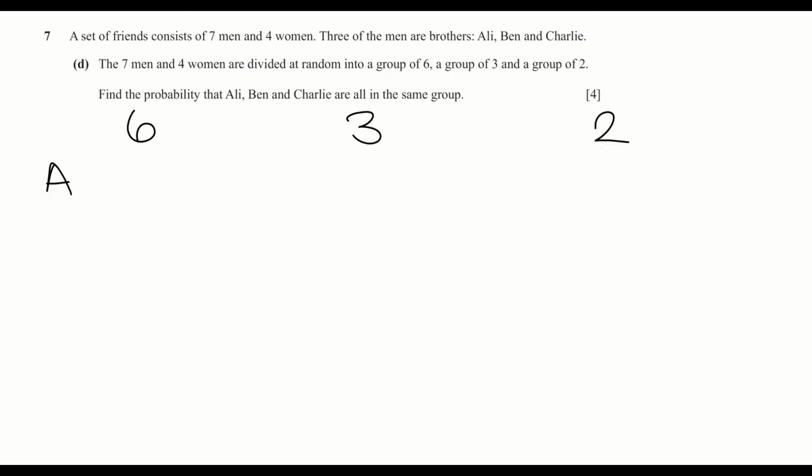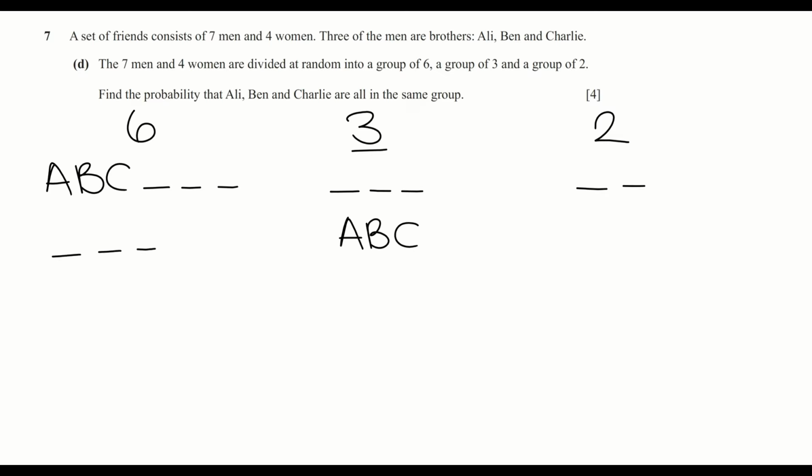So let's say Ali, Ben, and Charlie, and then another 3 people in group 2, and 2 people in group 3. The brothers could also be in the 3-person group. So let's put Ali, Ben, and Charlie over here. We have 6 people in the first group and 2 people in the third group.